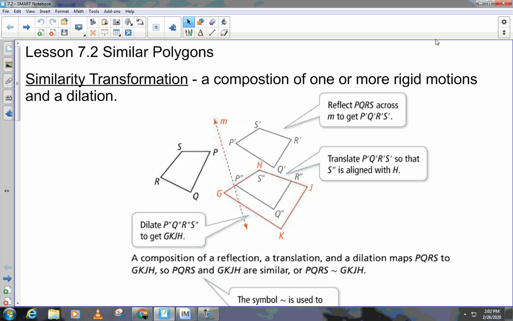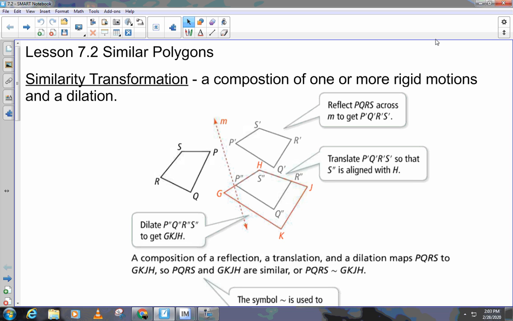In this particular example, we have PQRS, and they reflected it, and then they translated it and made it bigger. Yes, that's what they did.